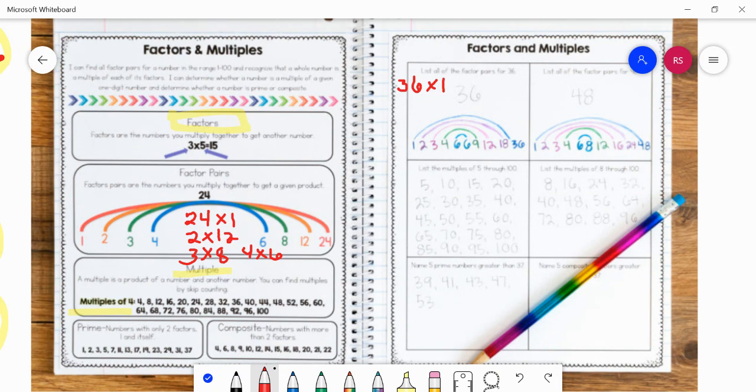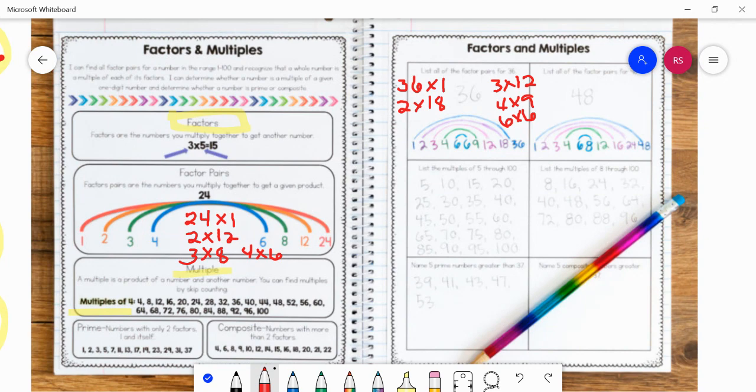All right, then I'm going to say, okay, well, I know that 2 times 18 is a factor pair. You can see that inside the rainbow. 3 times 12 is a factor pair because when I multiply 3 times 12, I get 36. 4 times 9 is 36, and 6 times 6 is 36.